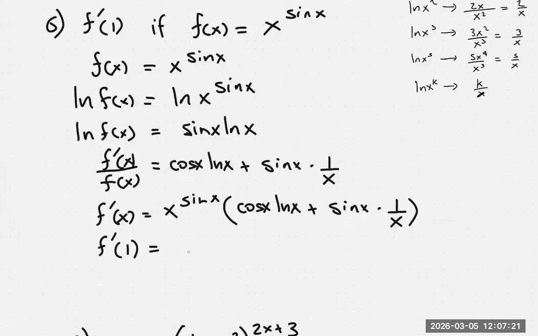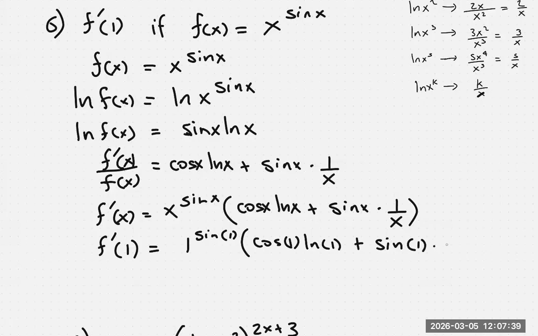All right, now you're going to end up with it. We're going to distribute. It's nice and simple, but let me see if you can figure it out. It's equal to one solitary thing, so a lot of things are going to disappear. ln 1 is 0, so cos 1 times 0.